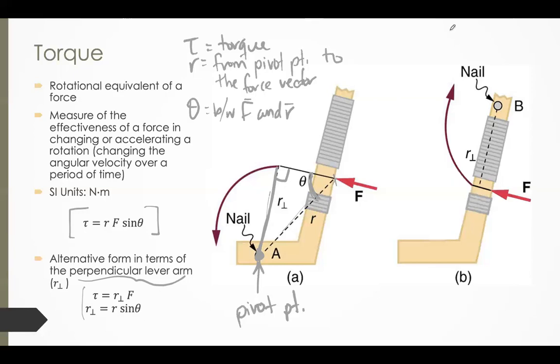Now in B here, just to give you another example, if we have a nail here at point B and we have a force being applied at the same point, our rotation is going to be in the opposite direction. Our lever arm is actually the same as R here.